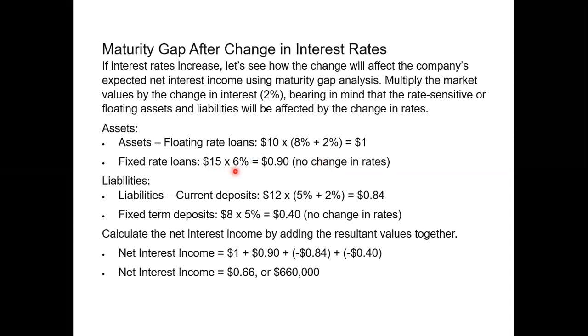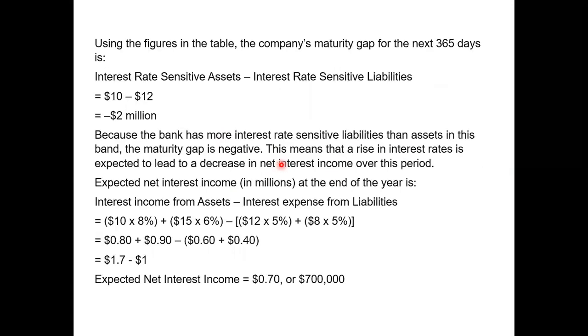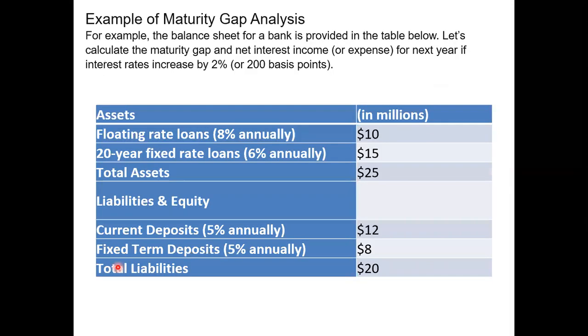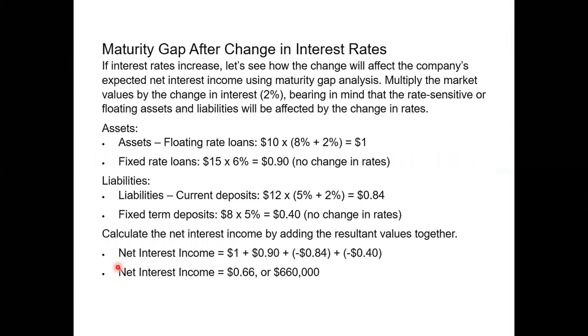So it stays like earlier, 6% on 15, which is 0.9. So total interest income here 1 million, here 0.9 million, total 1.9 million. Earlier it was 1.7 million, so it increases to 1.9 million.